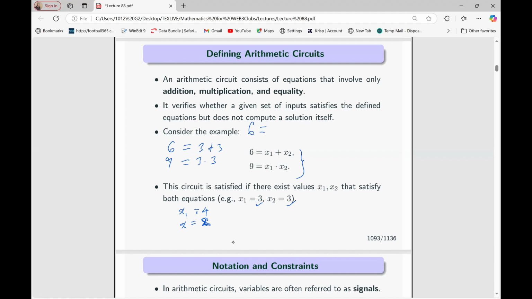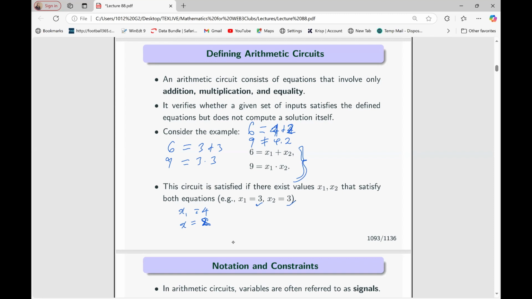It's true that 6 will be equal to 2 plus 4 or 4 plus 2, but it's not true that 9 will be equal to 4 times 2. It's not true. That means this person would then be lying, because whatever value of x1 or x2 is given is supposed to satisfy these two equations.